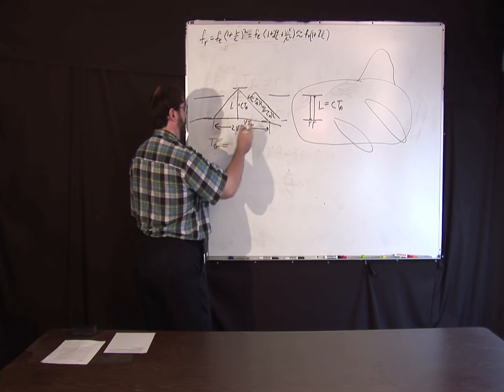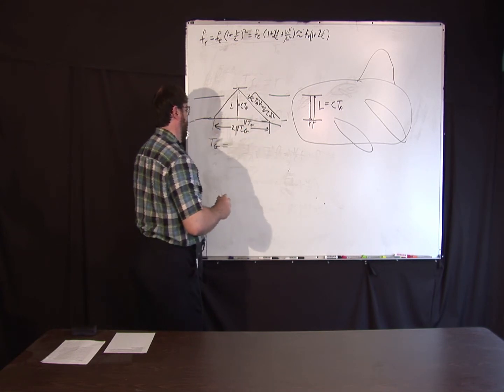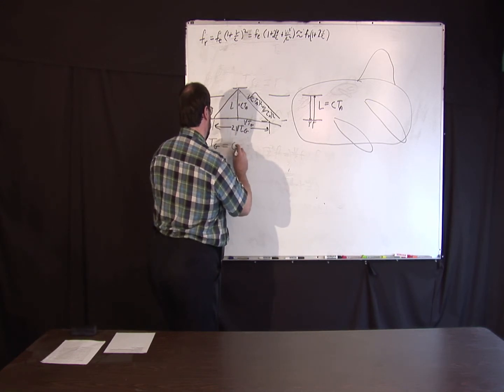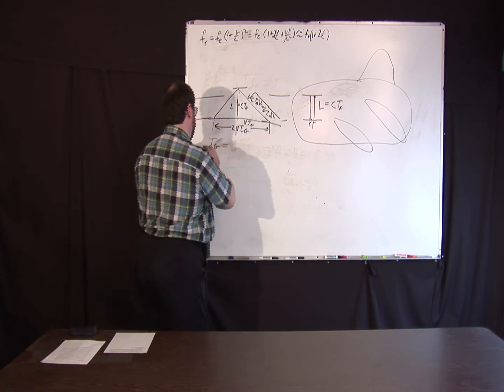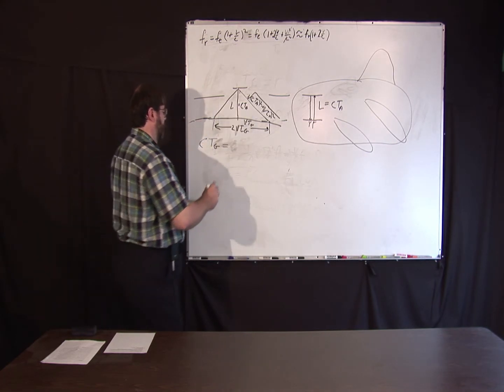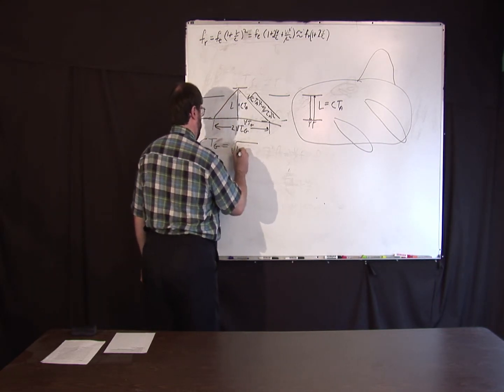So you can take out the c, and so this is ct ground, okay, let's do it right. ct ground is this, right? Square root of L squared.